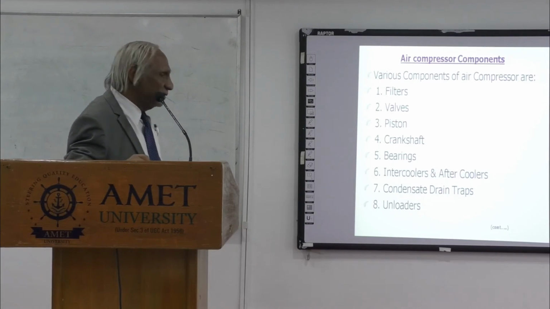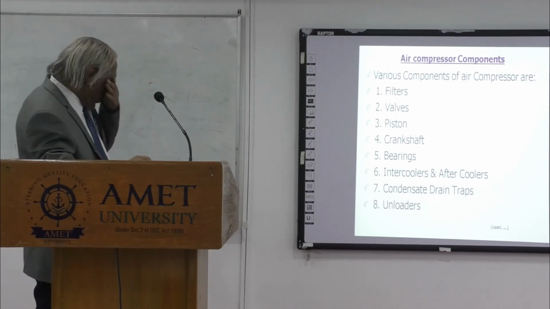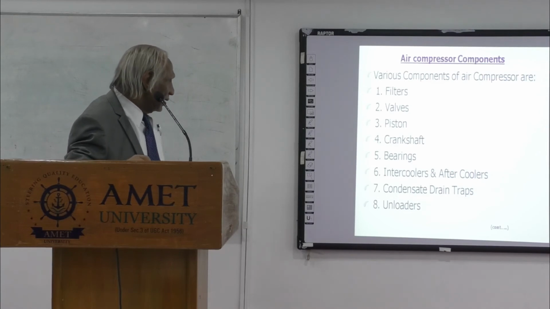Filters prevent dust from entering the air compressor cylinder. Valves are required for pumping, closing and opening. Piston, crankshaft and bearing are the supporting equipment. The piston undertakes compression and suction.